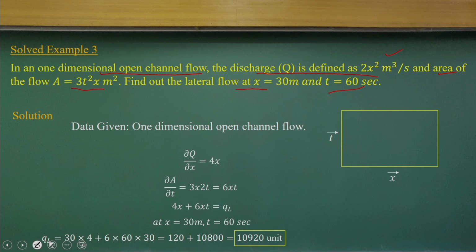Basically you want to find del Q by del x and del A by del t, and then substitute to find QL. You take the partial derivatives, put in x equal to 30 meters and t equal to 60 seconds, and you will get this QL. These are quite interesting problems where Q is a function of x and area is a function of x and t, and we want to find the lateral flow if it follows the mass conservation principle. So it is basically just applying the mass conservation equation.